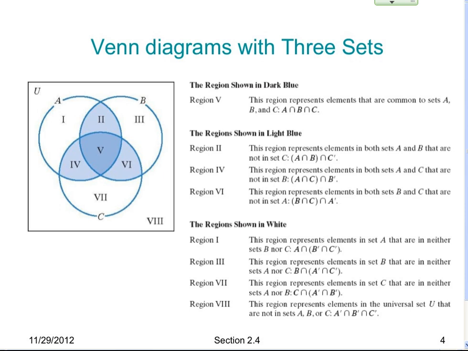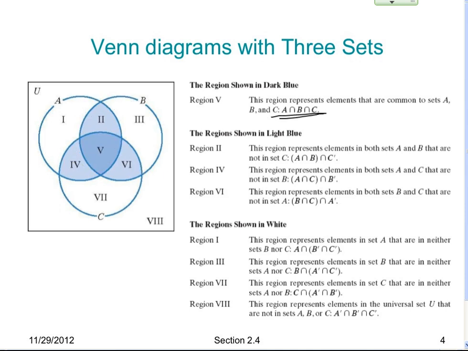For this slide, I want you to take a look at it. I want you to read through it, but I'm not going to make you write it down. It's an awful lot of writing. So let's first look at the region in dark blue. When they say dark blue, they're talking about that region right there. This region in the middle is the intersection of all 3 sets.